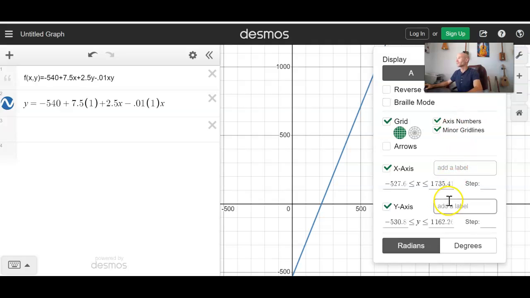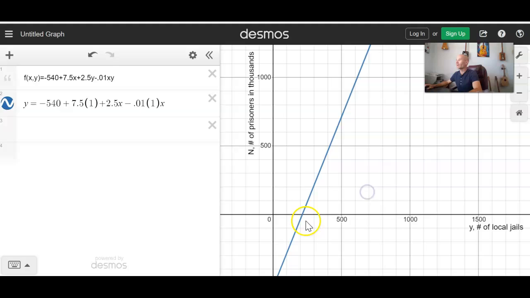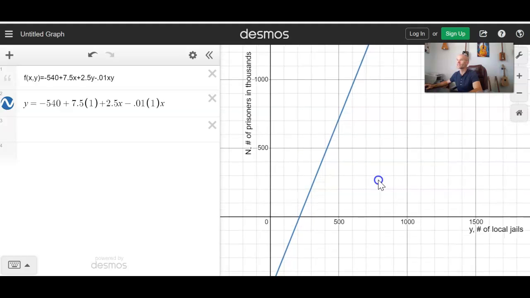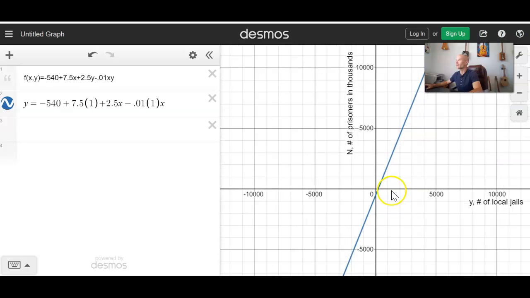On the vertical axis, what we actually call the y-axis, this is n, the number of prisoners in thousands. On the horizontal axis is the value of y, the number of local jails. Now I can see that as the number of local jails increases, the number of prisoners in thousands increases linearly. That appears to be a straight line.